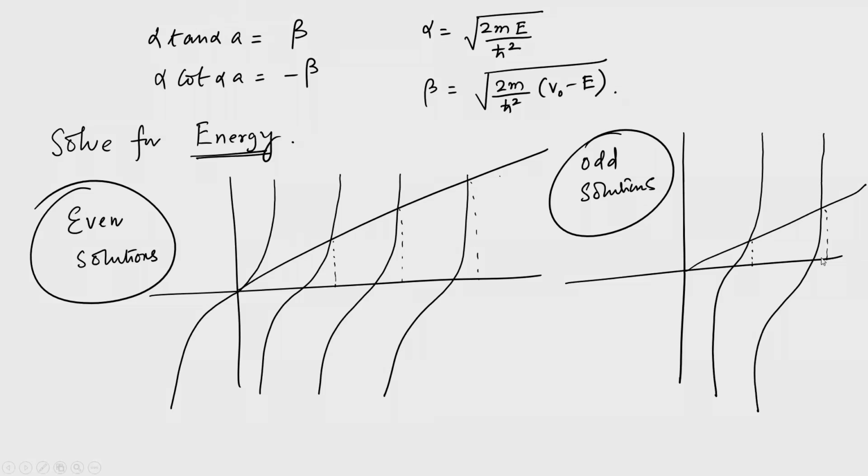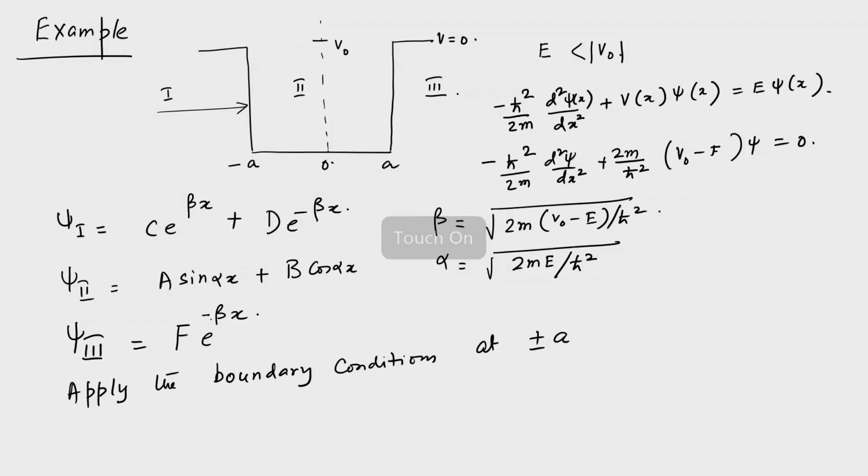So, one very trivial information that comes out from this is that if you have infinitesimal energy, that is if E is very small and negative, you still have an even bound state. If your E is infinitesimally below 0, you still have the possibility of at least one bound state, which is an even bound state, where the wave function has a property that if you change x to minus x, it does not change sign.